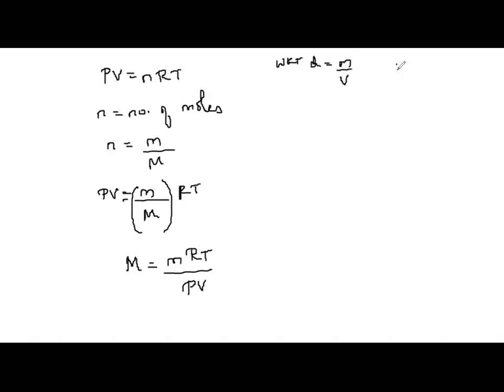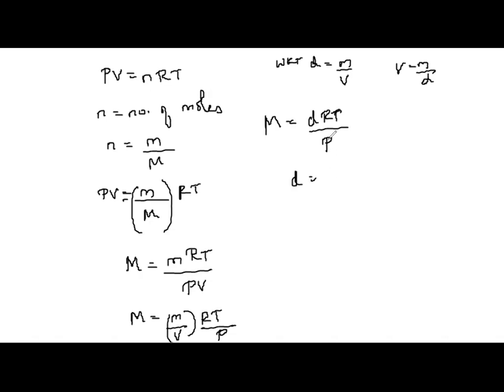Here V is in the denominator, so M by V is already there. M by V is density. So M = (M by V) into RT upon P, that is D RT upon P. Take D to one side.